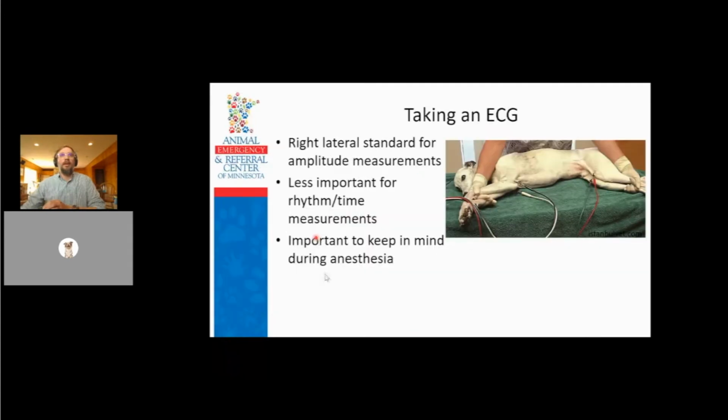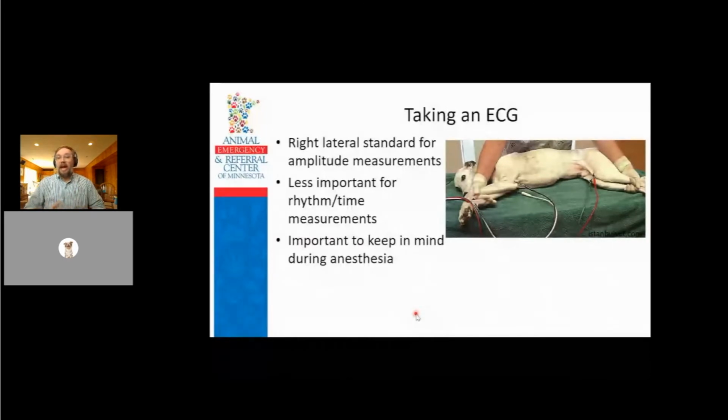All right, so taking an EKG. Feel free to interrupt again if things look weird. The standard is taking it from right lateral. All of the amplitude measurements and the normals for dogs and cats are calculated from EKGs taken in right lateral recumbency. But you don't really need that for rhythm diagnosis. While it's ideal, and if you can easily take it in right lateral, that's great, we don't always need it.